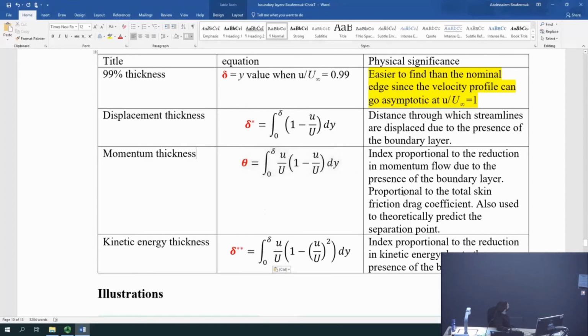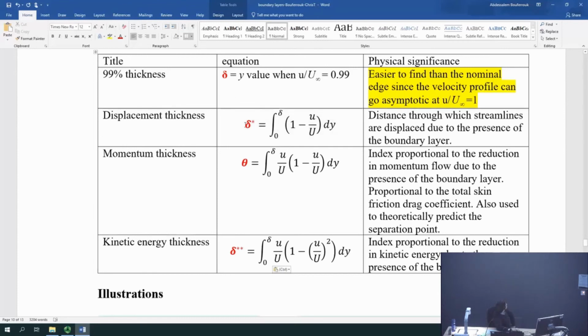This is again to do with displacing the streamlines of an inviscid flow, but due to the fact that the presence of the boundary layer leads to a reduction in the momentum that passes through a section. And that could be expressed as a displacement due to the momentum, and that's why it's called momentum deficit, that's why it's called momentum thickness.